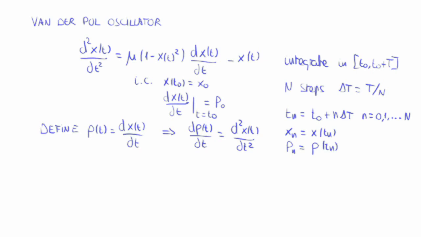Let's transform the second-order differential equation into a set of two first-order differential equations. For the position, we'll use the definition of the momentum in reverse. And then another first-order equation for the momentum.